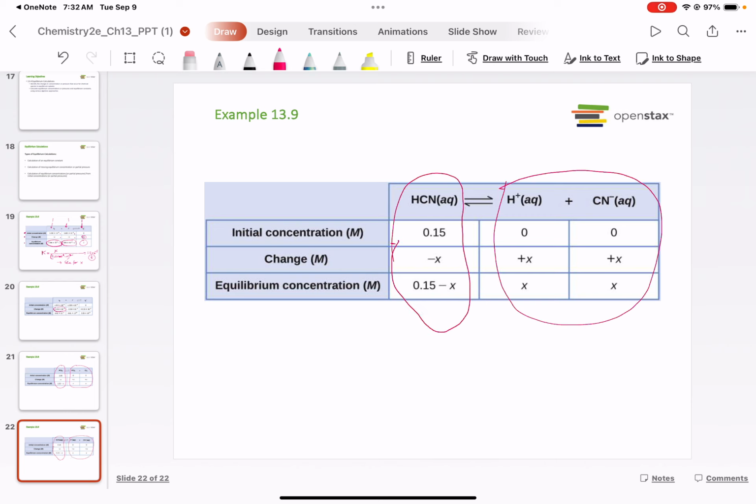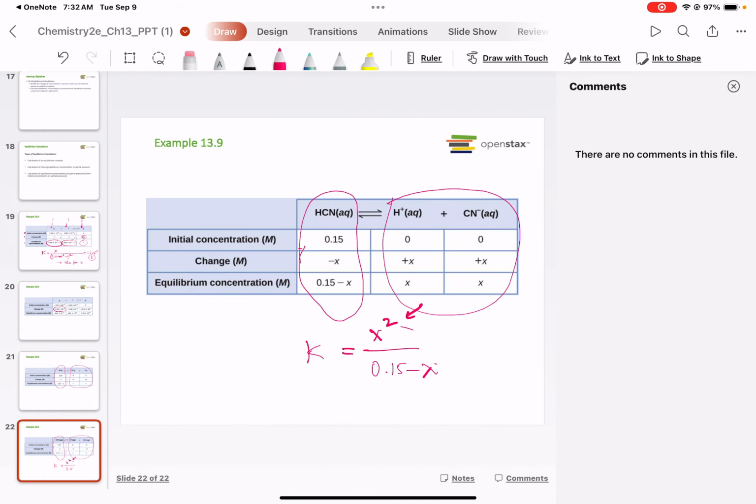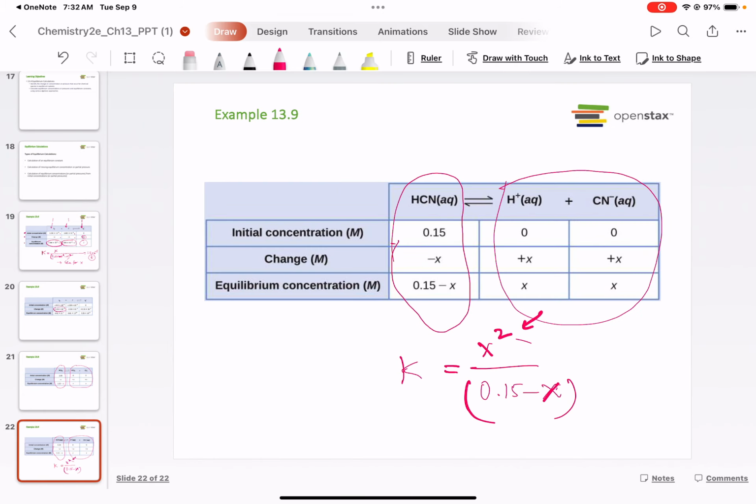You would set up K, or Kc, as X times X over the reactant. That's your K, and if we get the K value, then we can solve for X.